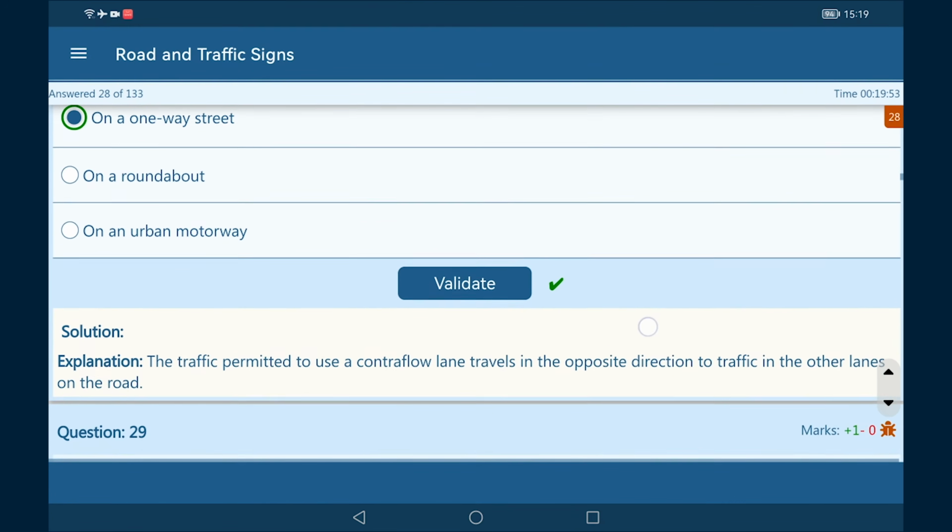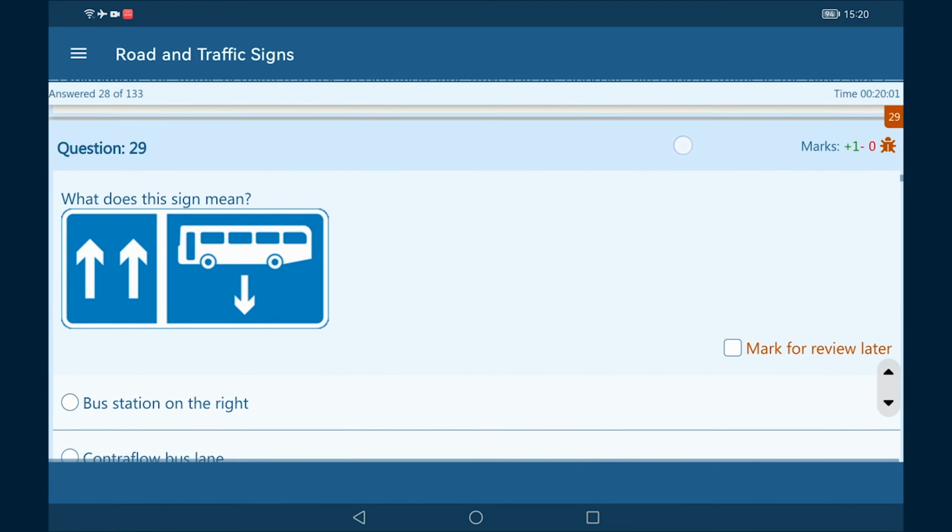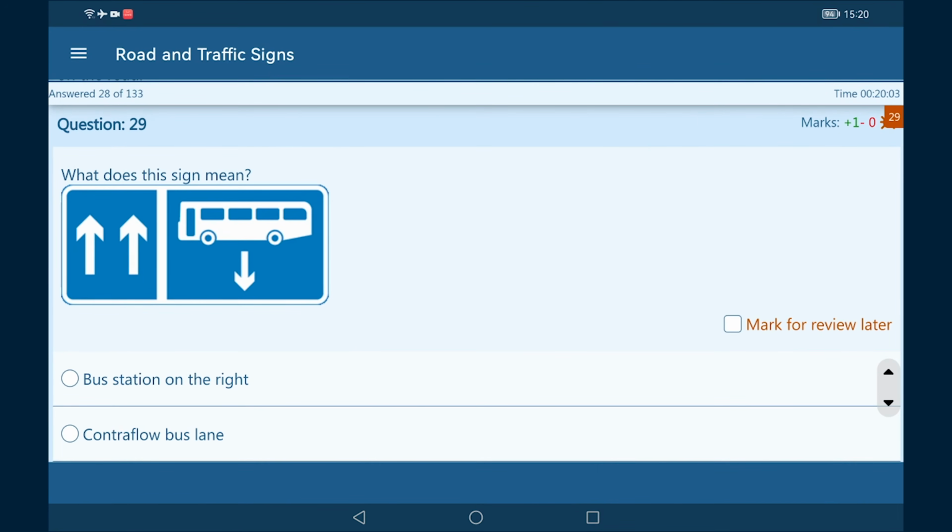Explanation. The traffic permitted to use a contraflow lane travels in the opposite direction to traffic in the other lanes on the road. Question 29. What does this sign mean? Option 1. Bus station on the right. Option 2. Contraflow bus lane. Option 3.